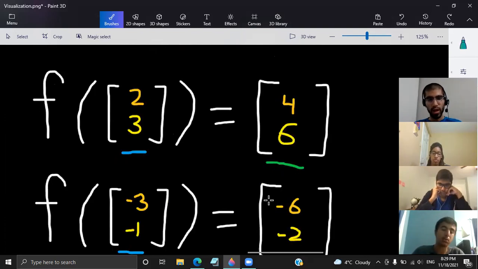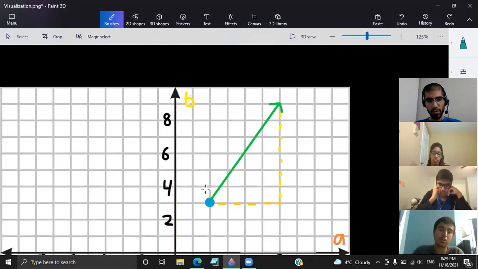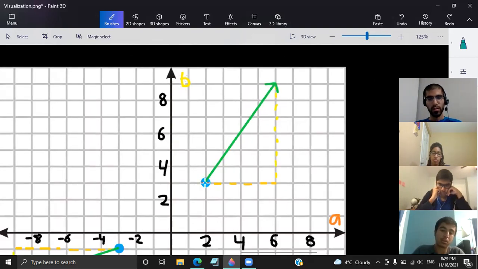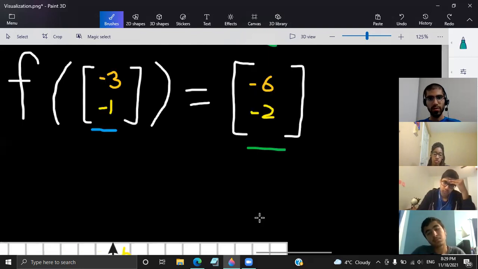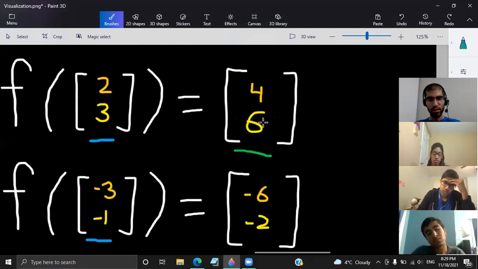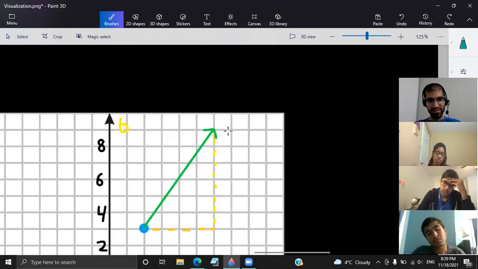If I have a coordinate at 2, 3, then I have to make a vector that has an x component of 4, because that's double of 2, and a y component of 6, because that's double of 3. So I go 4 to the right and 6 up, and that's my output vector. This in green, 4, 6. You see?